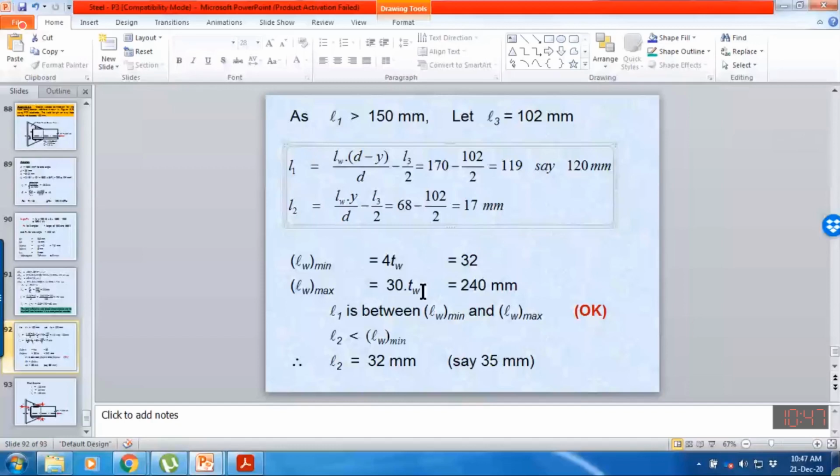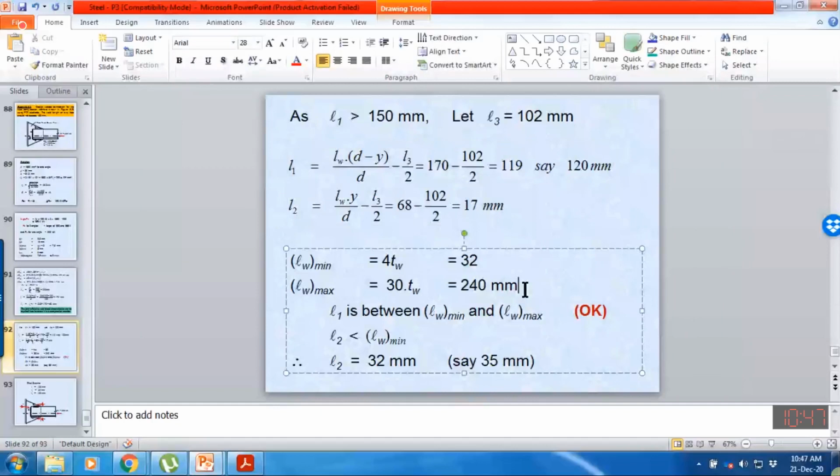If we are provided this, then we are not going to the LW maximum limit of the code. So LW maximum for our given case is 150 millimeter.